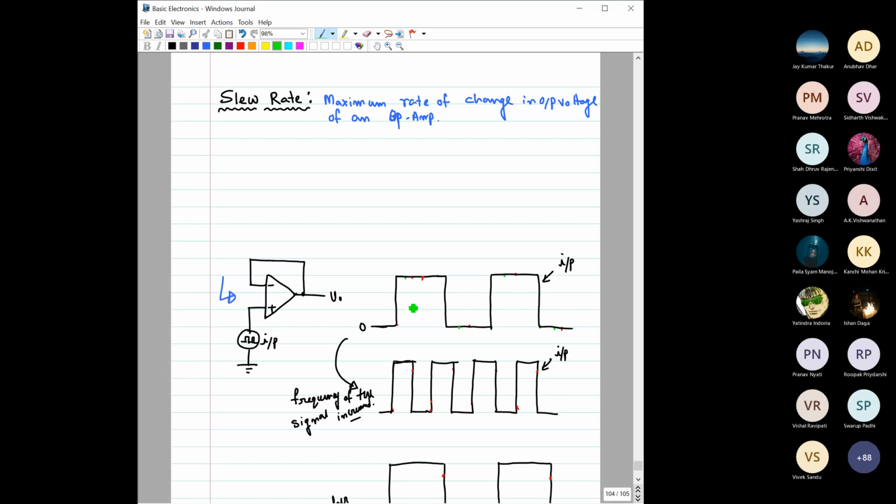For example, if this is the input, then for a particular value of slew rate the output changes something like this.